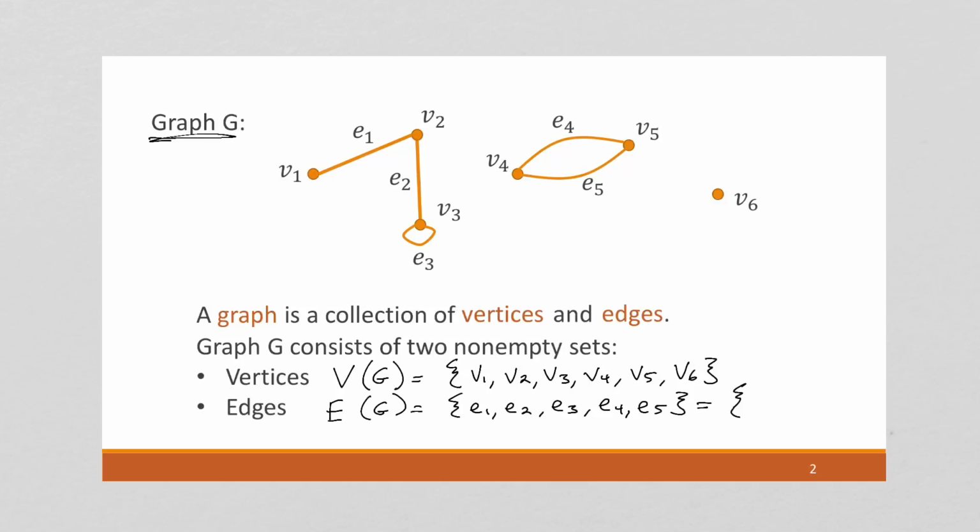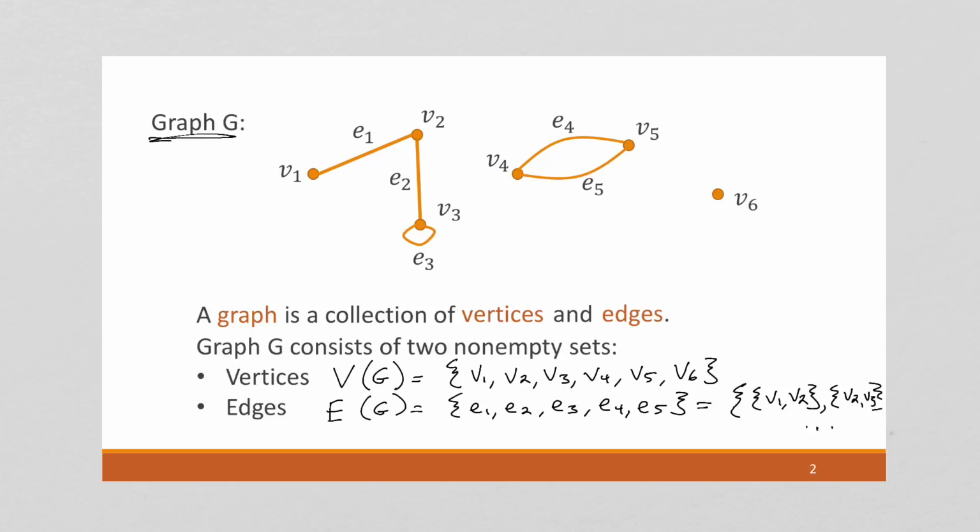So instead of writing E1, I would have the pair V1, V2. And then for E2, I would say V2, V3, and so on. I'm not going to finish that, obviously, because we were out of space. But what we do is we define this graph by these two sets, vertices and edges.